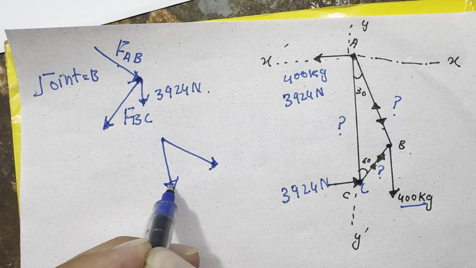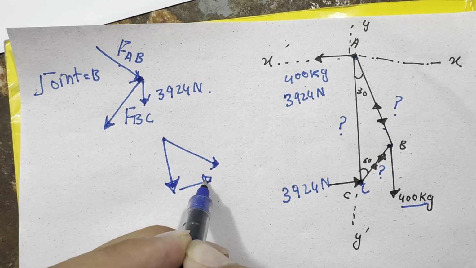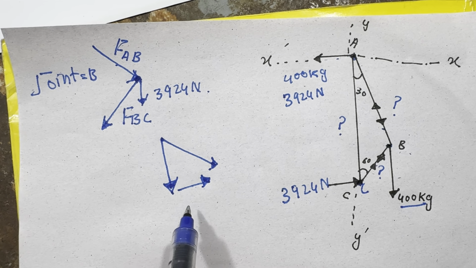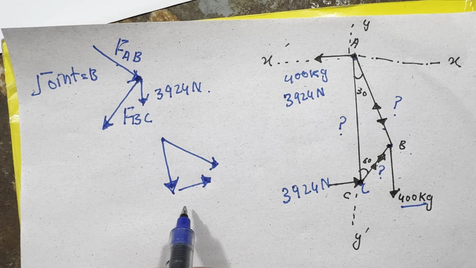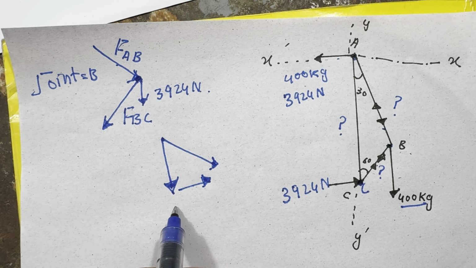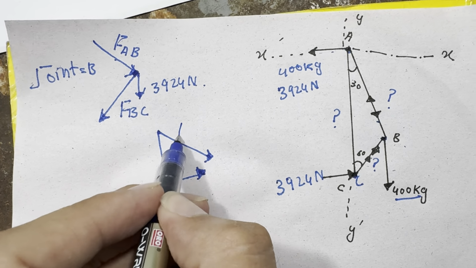I resolve it into its components by the head to tail rule. This is a very basic concept, the head to tail rule. So this horizontal component will be equal to the force in this member, F AB.